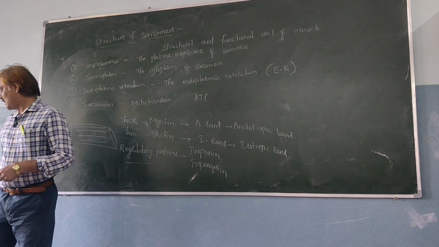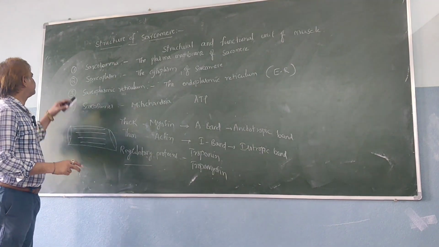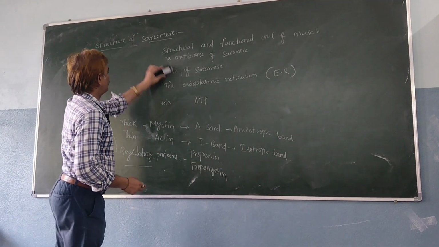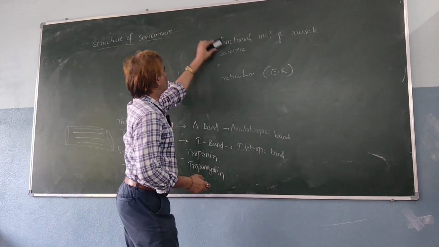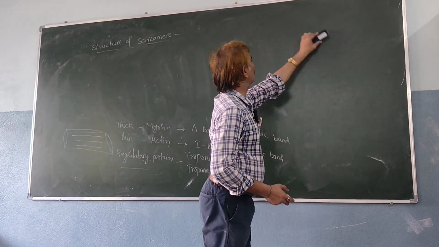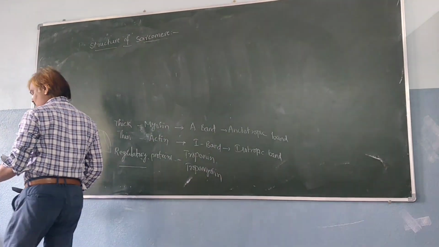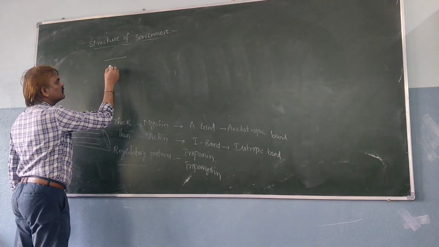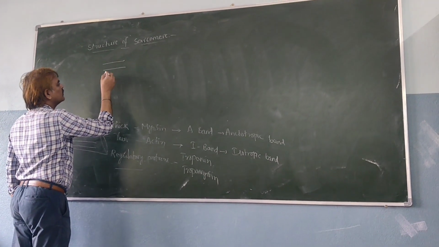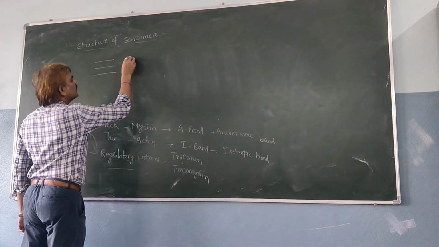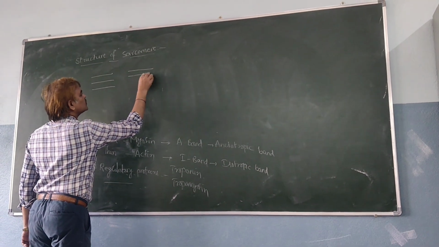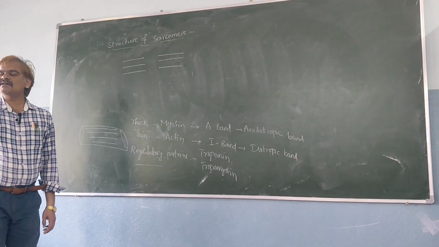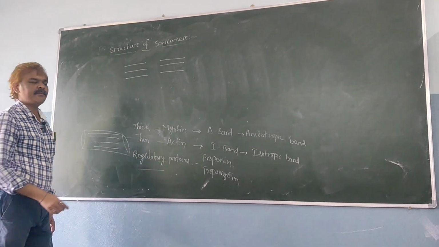Clear? Now coming to the structure. The structure looks easy, but remember, first what will be present? Thin band. This is one thin band. Here also the thin band will be. In between the thin bands, what will be present? Thick bands will be present.